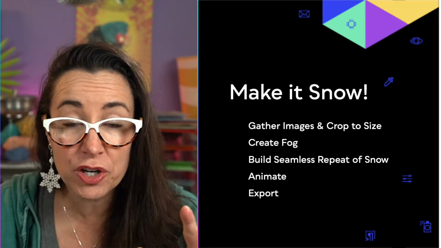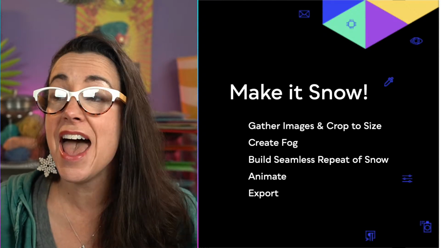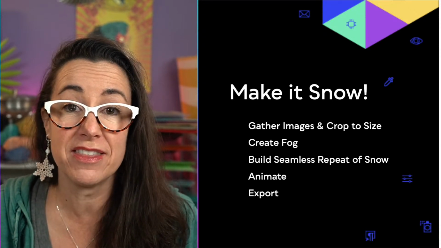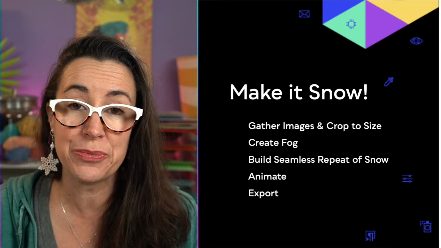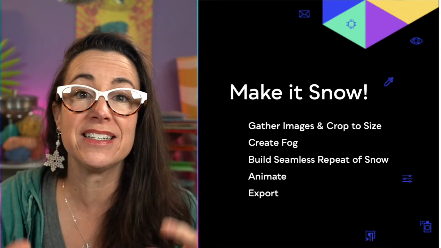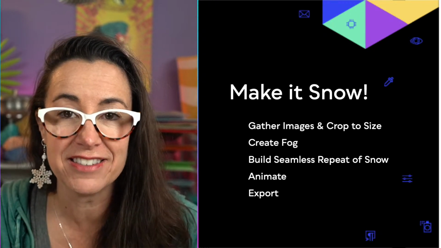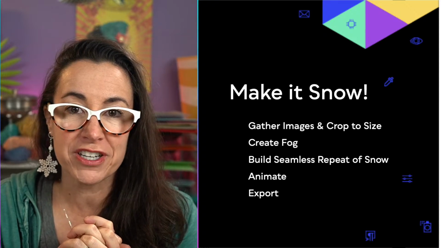After we gather those images, the first step is going to be to crop to size. And the size is going to really matter with this whole thing because in order to make the snowfall seamlessly repeat, we have to be pixel perfect on the size. So that is an important first step.